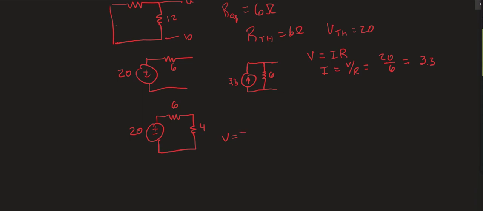And V equals IR, V is 20, I times 10, or I equals 2 amps.